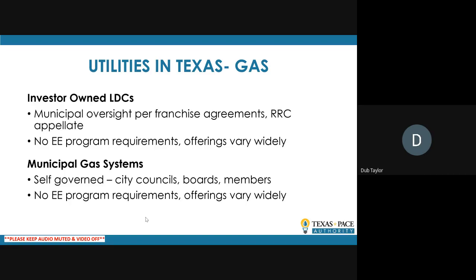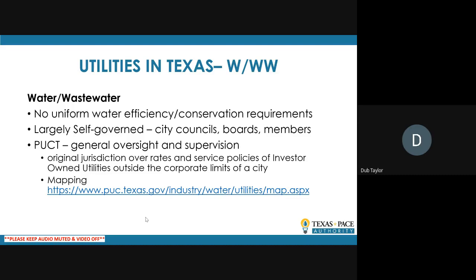Municipal gas systems, again, being parts of city departments, self-governed at the city level. Again, no EE program requirements and wide variation in the offerings. So quite a landscape. And then we get into water and wastewater. No uniform efficiency or conservation requirements, self-governed.